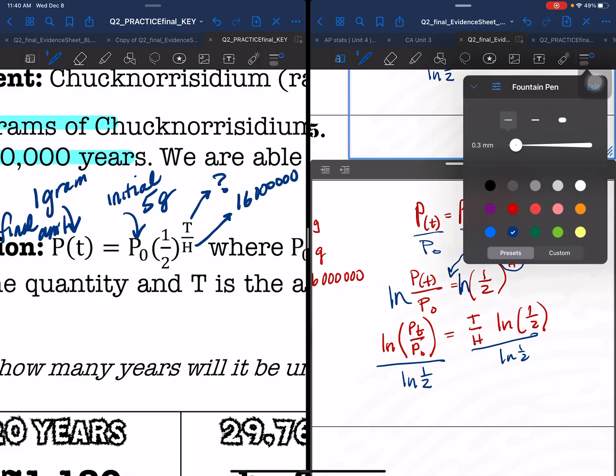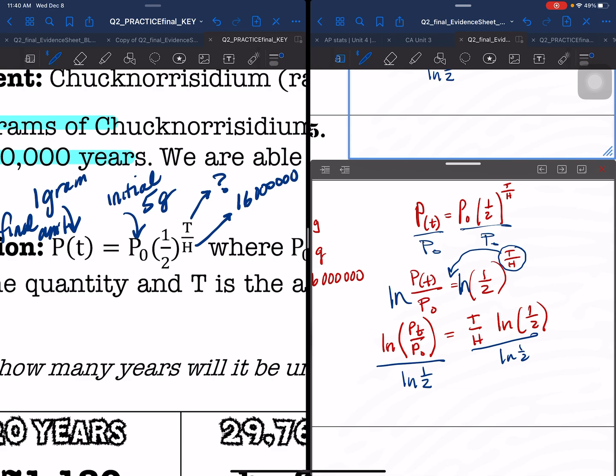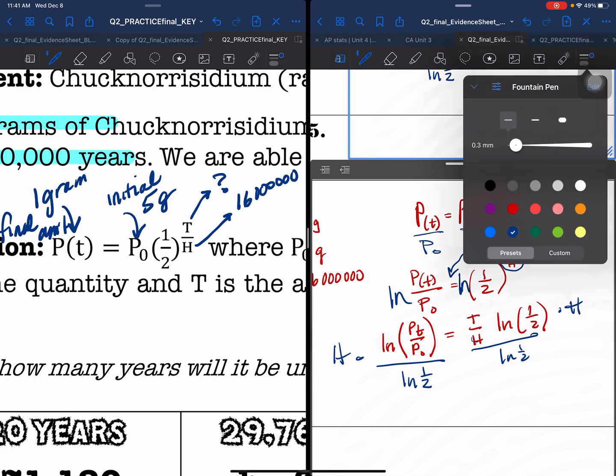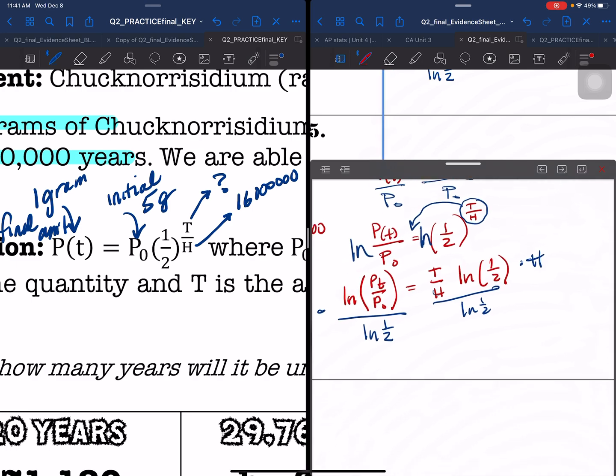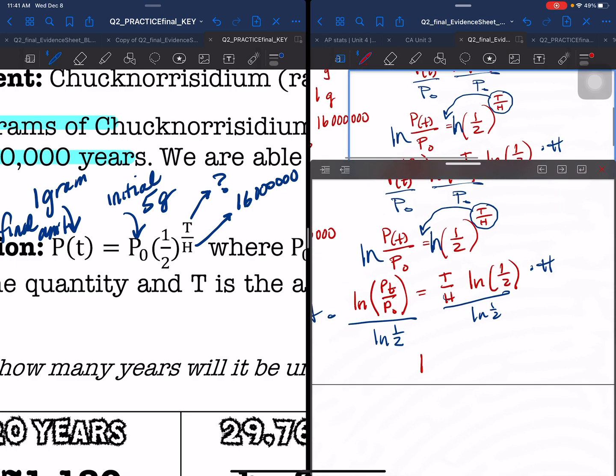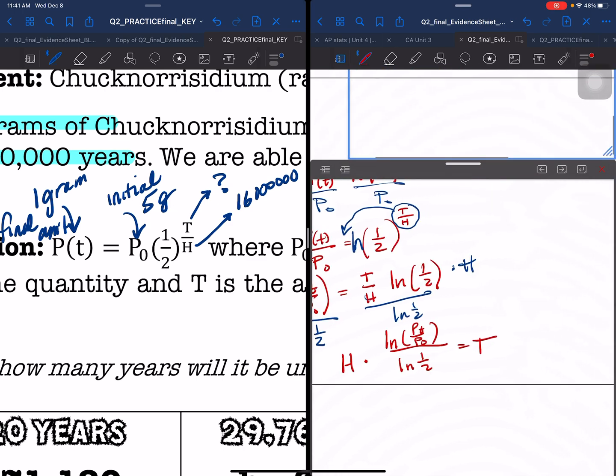In fact, I'm going to combine that last step because I know that'll leave me with an h that needs to be multiplied by both sides so that I get t by itself. So I'm going to rewrite that in its final version as h times natural log of Pt over P naught, all over the natural log of 1/2, equals t. So now we can plug and chug.